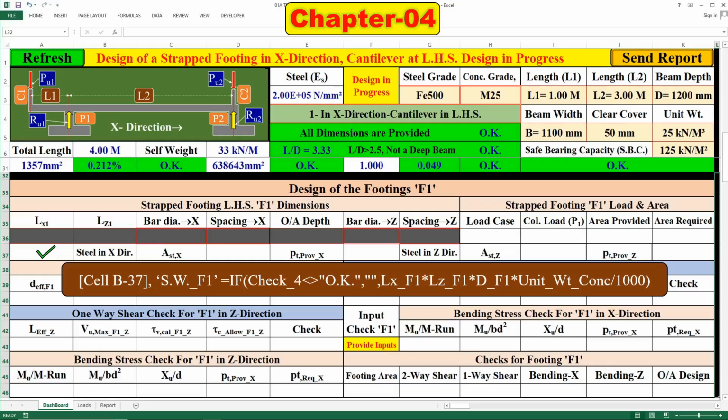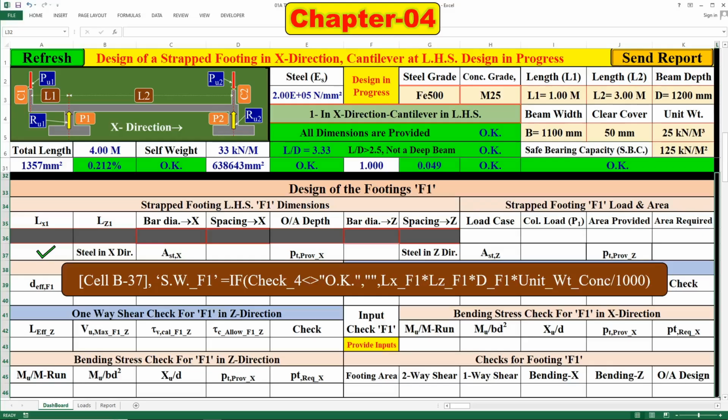In this formula, first Excel will check check_4, if it remains not OK, cell will remain blank, otherwise, it will calculate the self-weight of F1, by LX_F1, multiplied by LZ_F1, multiplied by D_F1, multiplied by unit_WT_conc, divided by 1000.